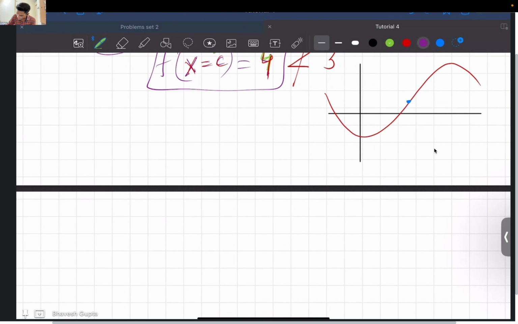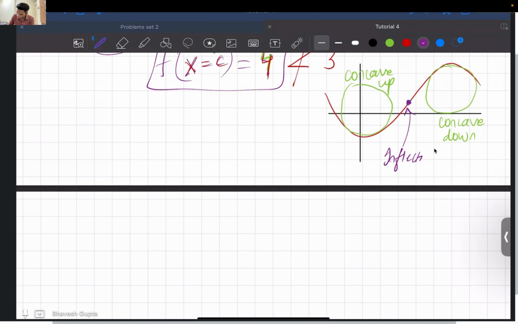You can see this is concave up, and over here it's concave down. So this transition of the concavity, the curvature of the curve, happens when it passes through this inflection point.